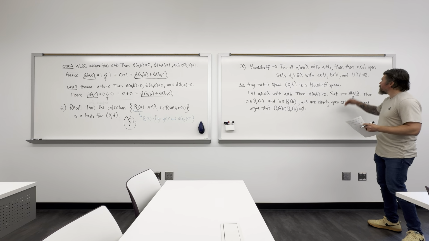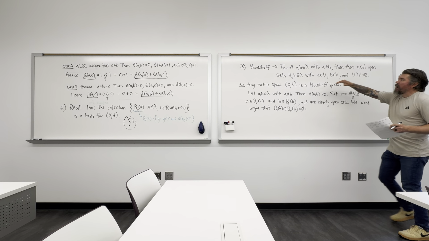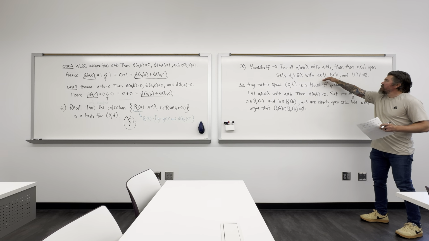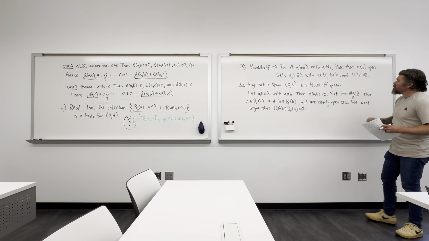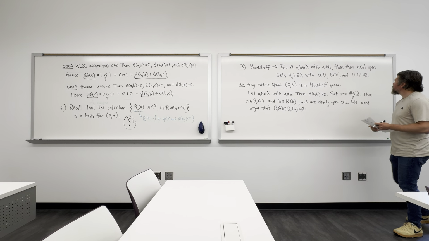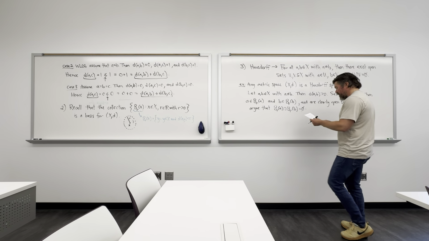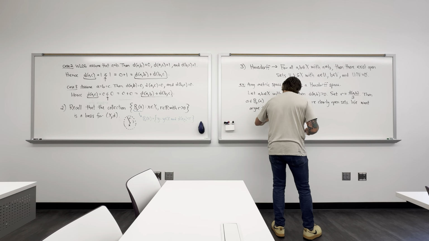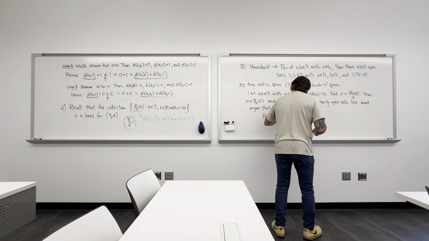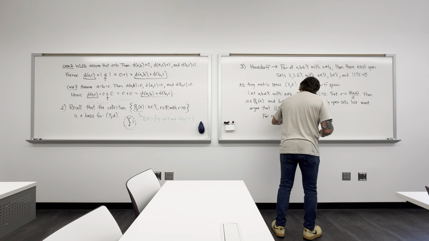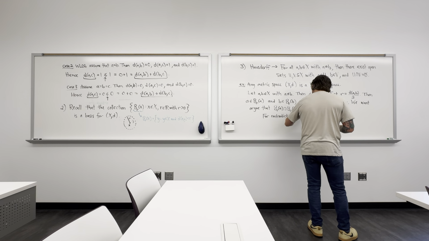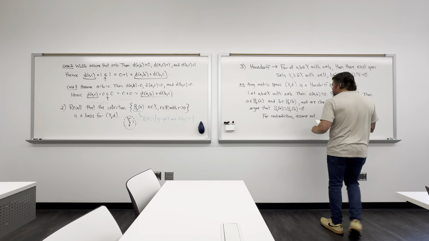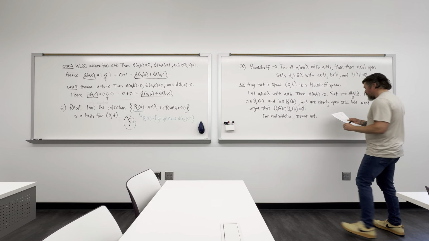Here, right? So we found open sets in the metric space such that the 2 points are in the respective sets. And now we need to argue that they're disjoint. So for contradiction, assume they're not disjoint, right?